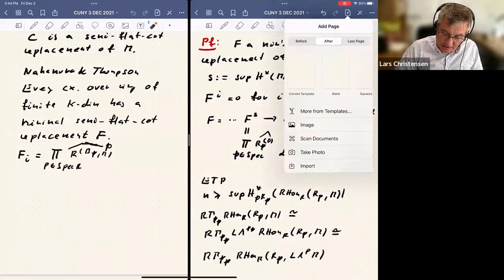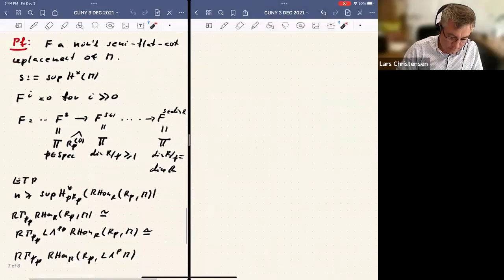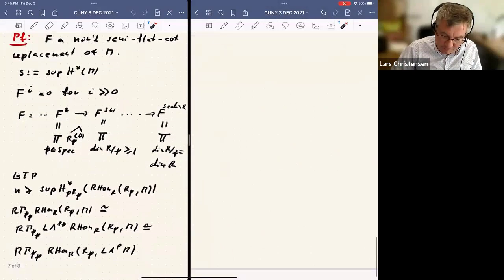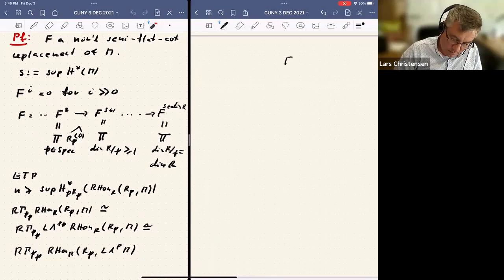So now the next question is, how do I compute any of these things? Well, I have my semi-flat cotorsion replacement, so I can replace F by that. Right derived completion can also be computed using semi-flat replacements. It doesn't have to be semi-projective; flatness is the usual thing that works.